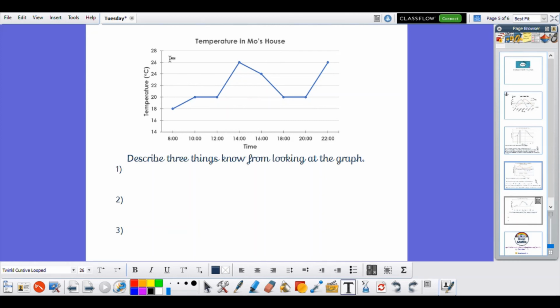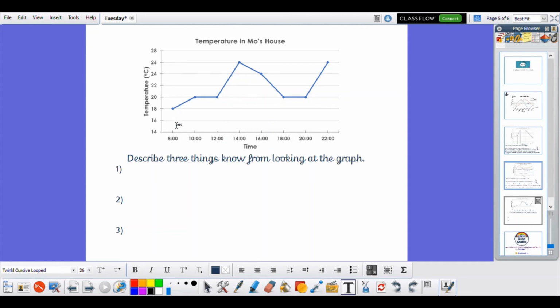So here is the temperature of Mo's house. So along the bottom it's got the time in hours and the intervals are 2 hours. And then on the y-axis we've got the temperature in degrees Celsius again. So it says describe 3 things you know from looking at the graph.